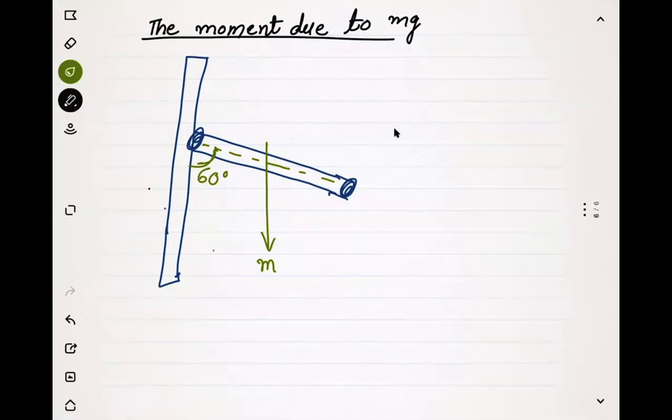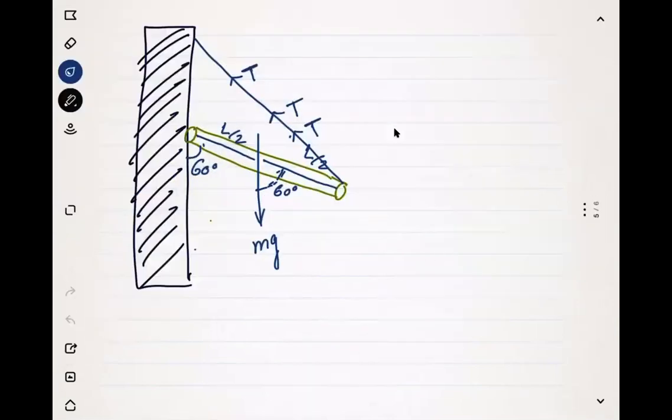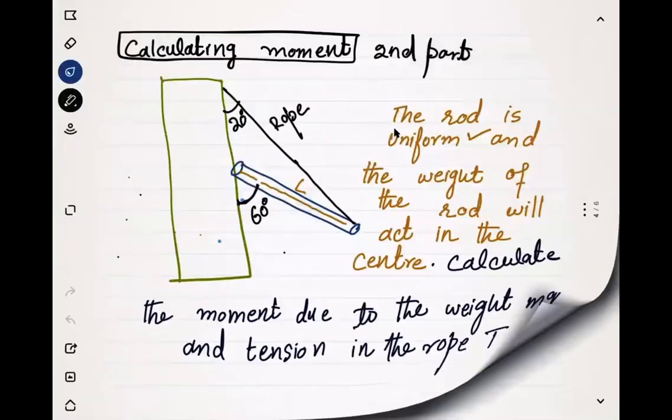The other force that we have to see was the tension in the rope that is attached with the rod and supported by the one of the angles that is given above was 20 degrees.